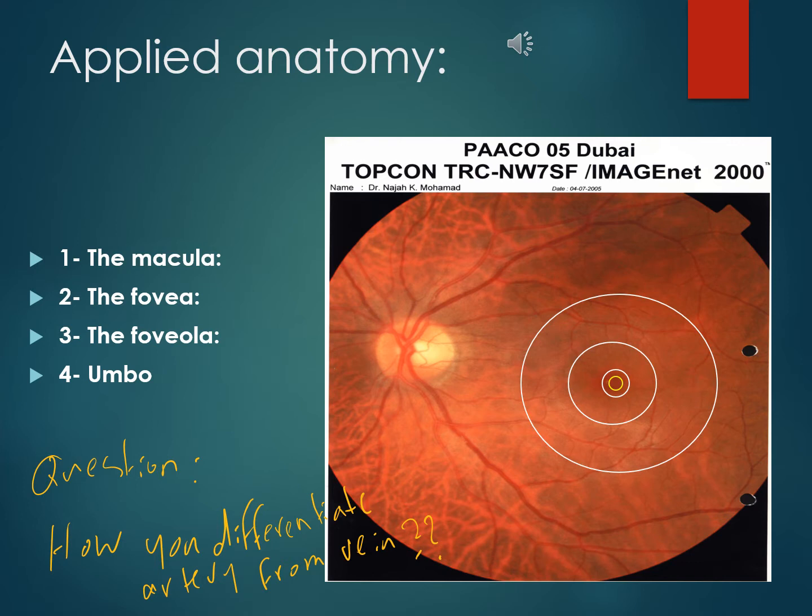The fovea is what we see as the light reflex at the border of the fovea, due to increased thickness of the retinal layers at the border. The center or floor of the fovea, which we call the foveola, contains the thinnest part of the retina. It contains only retinal pigmented epithelium and photoreceptors at the floor of the fovea.